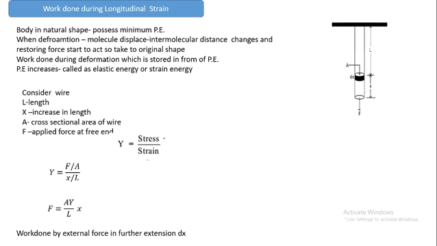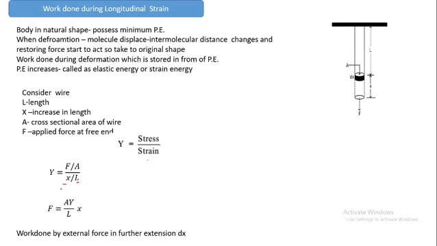This stress is the force per unit area, that is, applied force per unit area, equal to F upon A, and strain is the change in length to the original length. The increase in length is X, and the original length is L. So X upon L is the strain, and stress is the force per unit area.